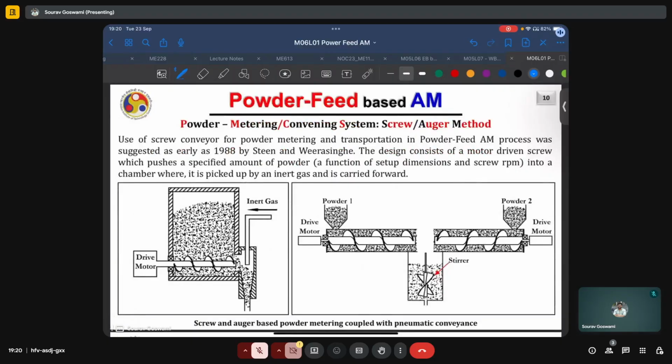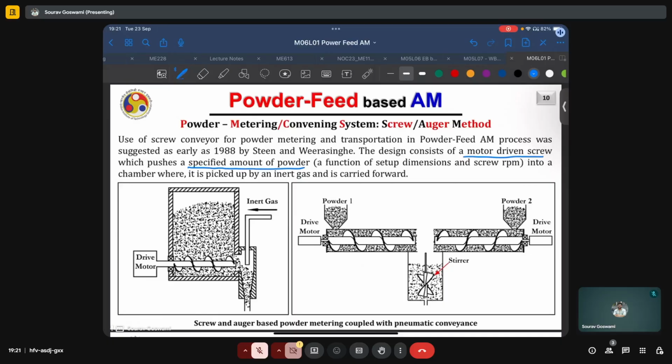Here we have a schematic diagram of the screw or auger-based method, which was among the first ones to be developed and suggested. The design of such a system consists of a motor-driven screw which pushes a specified or desired amount of powder into the chamber where it can be picked up by the inert gas and carried forward.